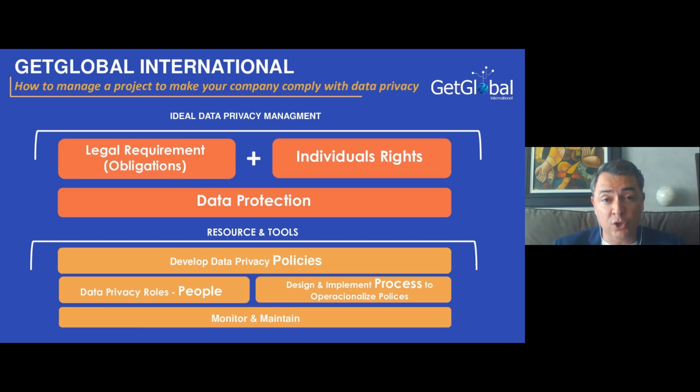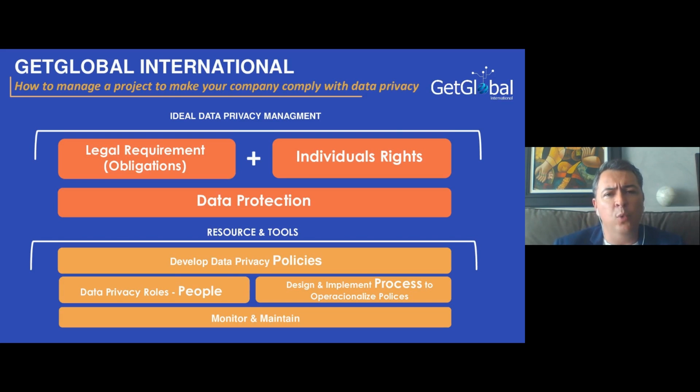Or what procedures would we have to follow if there is any request from an individual under the GDPR or the CCPA? For example, let's say that any data subject has asked the company to delete his or her personal data.